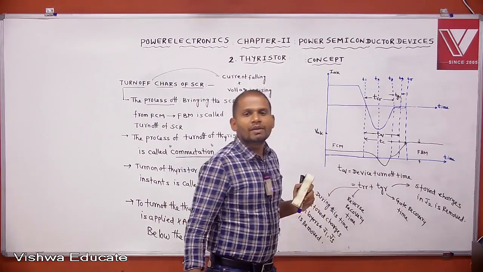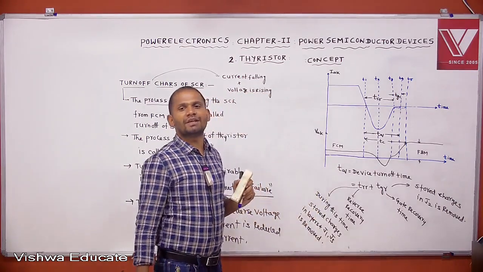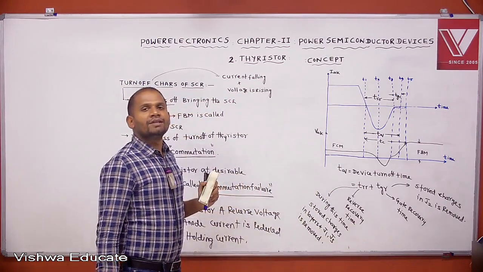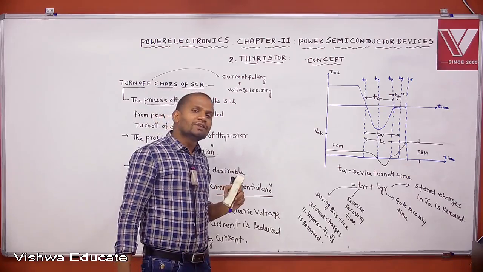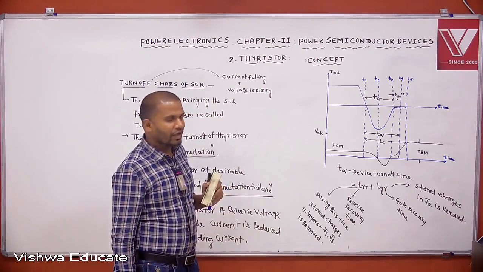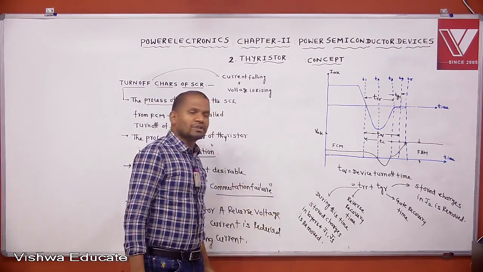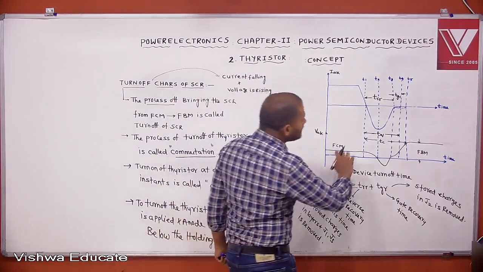J2 junction is also called the gate junction. During TCR time, we are removing the stored charges in the junction. That's why this time is taken as the gate recovery time. Like this, we are defining the device turn off time.